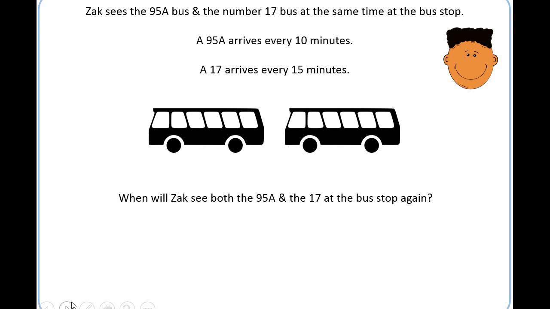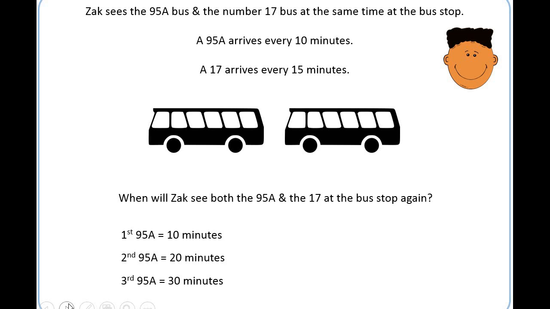So the method we're using is just sort of listing them. So let's think of the 95A. The next bus he will see will be in 10 minutes time, then obviously 20 minutes, then 30 minutes later. Whereas the 17 only comes every 15 minutes.